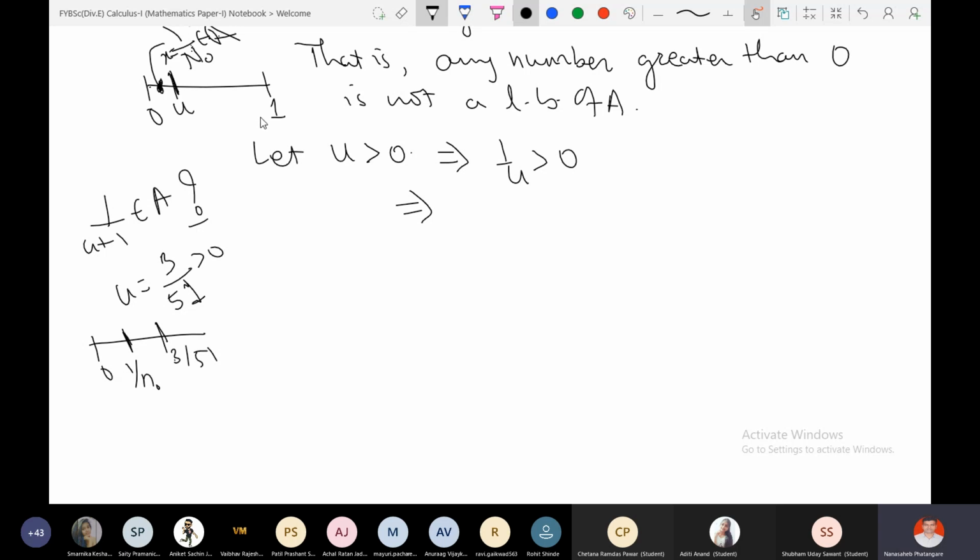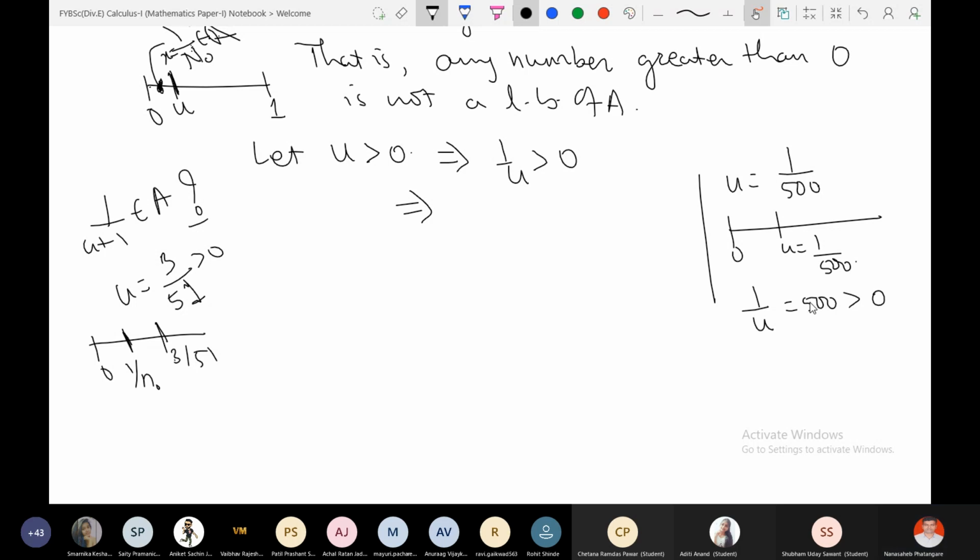See, try to observe these things carefully, because if I choose u equal to 1 upon 500, here 0 and here u, and what is u? 1 upon 500. It is a very small number. So what is 1 upon u? 500. Certainly it is greater than 0, no doubt, because u is greater than 0.